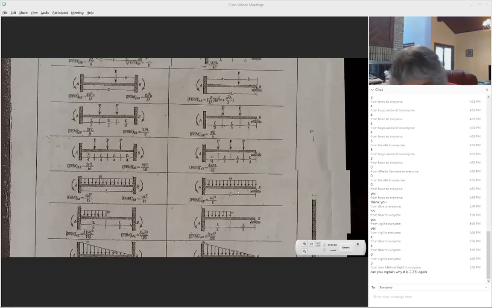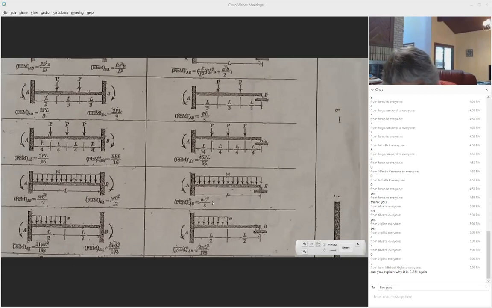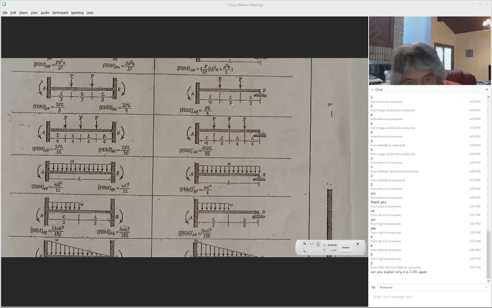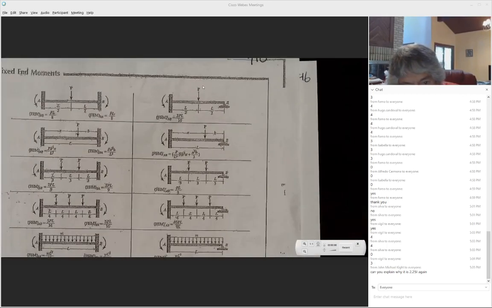Look at this. Fixed-pin, WL squared over 8. Look at this. When the load is in the middle, 3PL over 16.